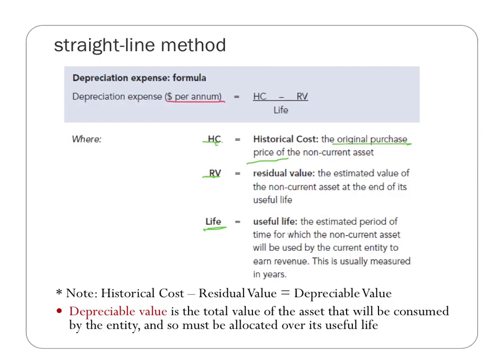It's usually measured in years. Another definition I want you to take notice of is depreciable value. Depreciable value is calculated as the difference between historical cost and residual value. That is the total amount in terms of dollar value that the asset is going to be depreciated over time.